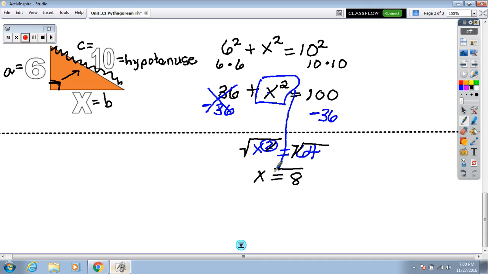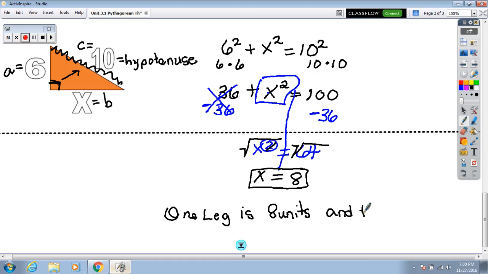Okay? So we just found the value of x. So one leg is 8 units. And the other leg is 6 units. And we found the value of the missing leg.